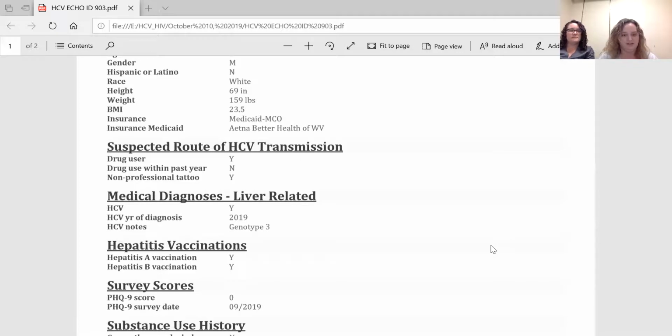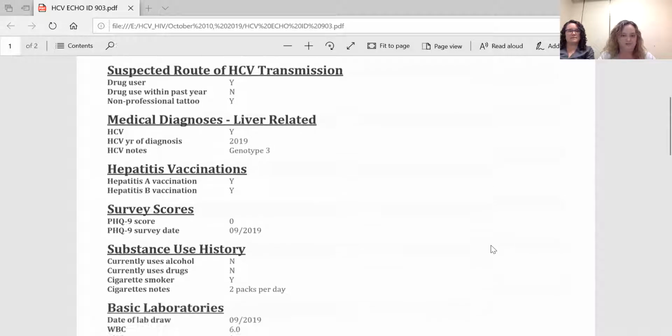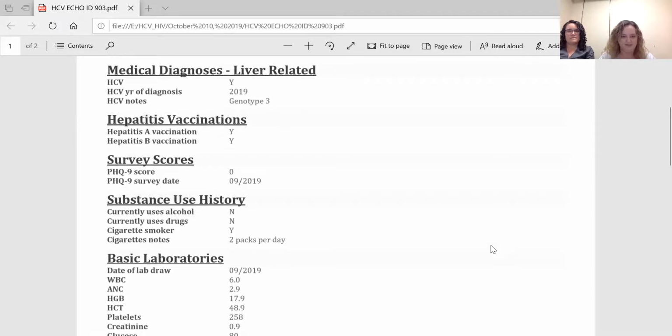Route of transmission was via IV drug use and non-professional tattoos. He's treatment naive, Hep C positive, genotype 3, and has been vaccinated. Not a lot of other interesting history on him.